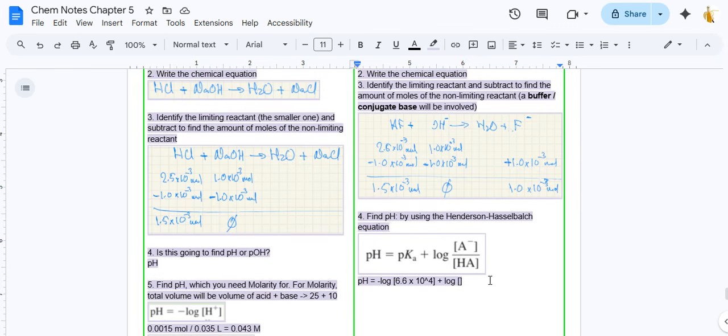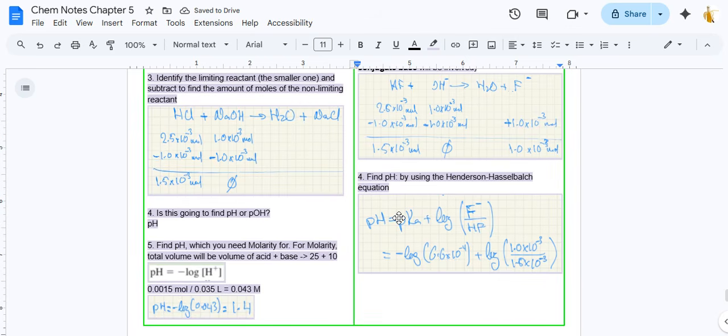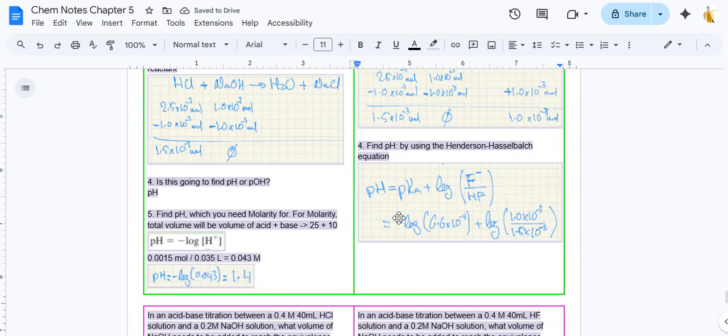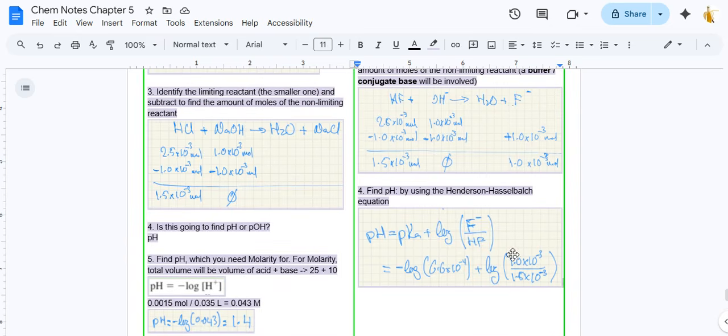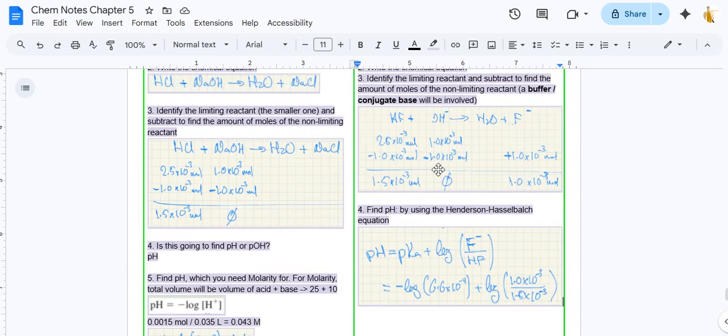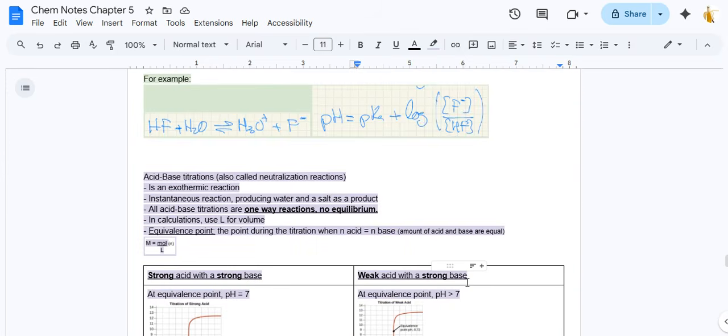So the F minus value is that over, that over that. So basically get this, and then you can calculate it. So this is how you find pH for weak acids with the strong base.